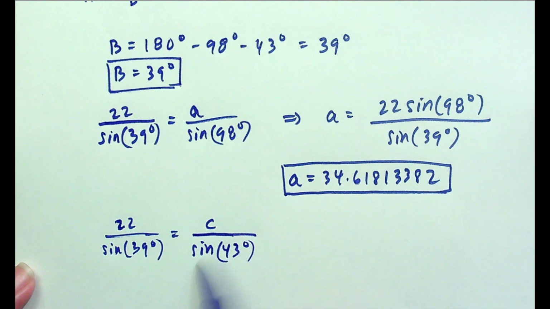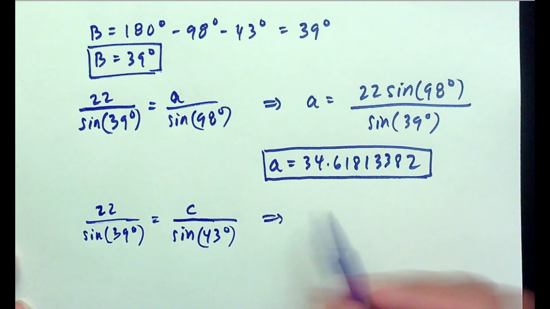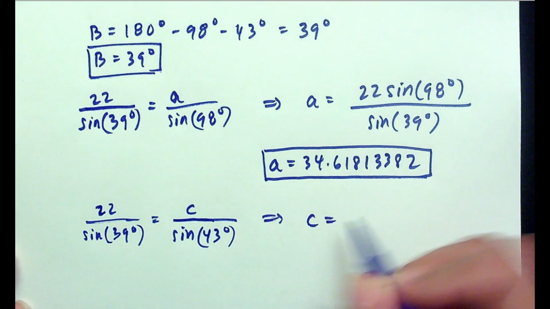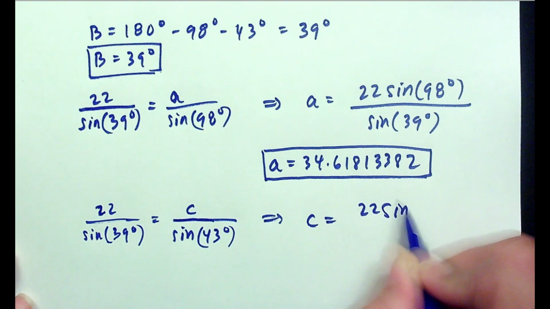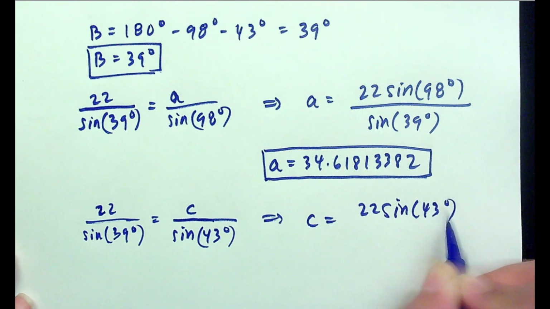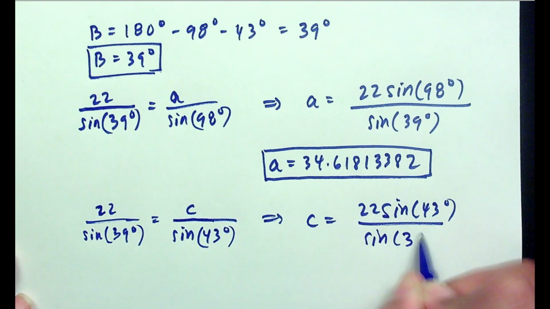So the side and the sine of its opposite angle. Do the same, cross multiply and divide. You're going to get that C equals 22 sine of 43 degrees over sine of 39.